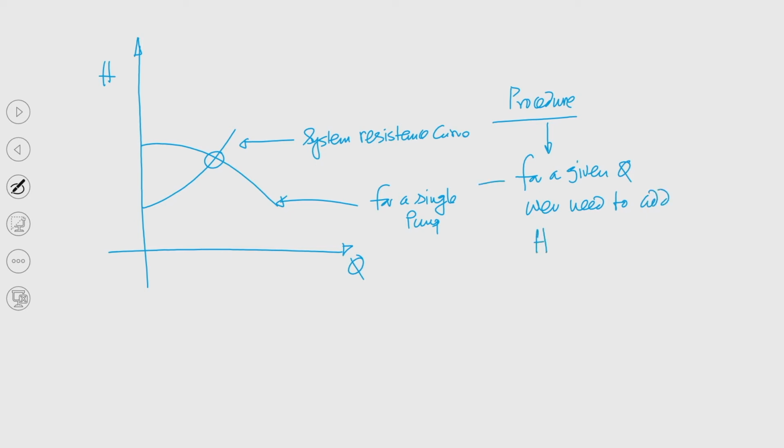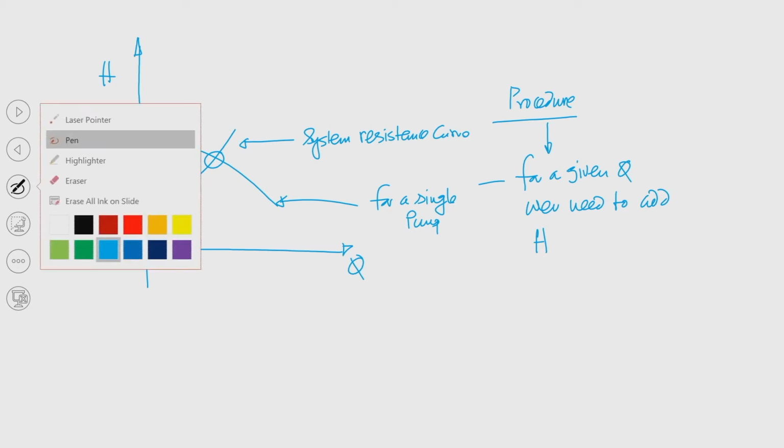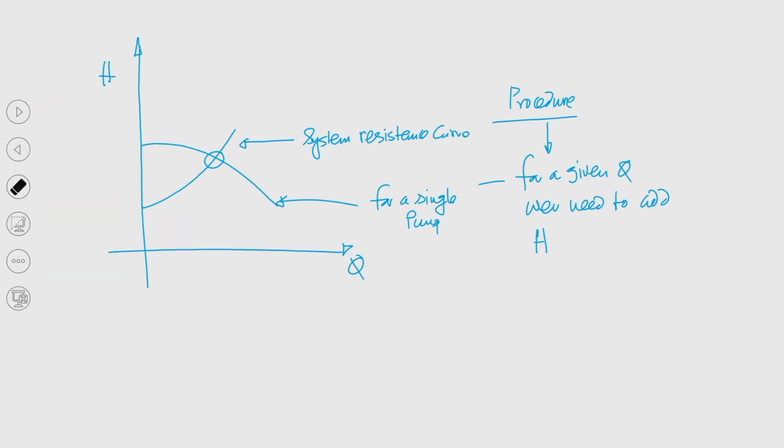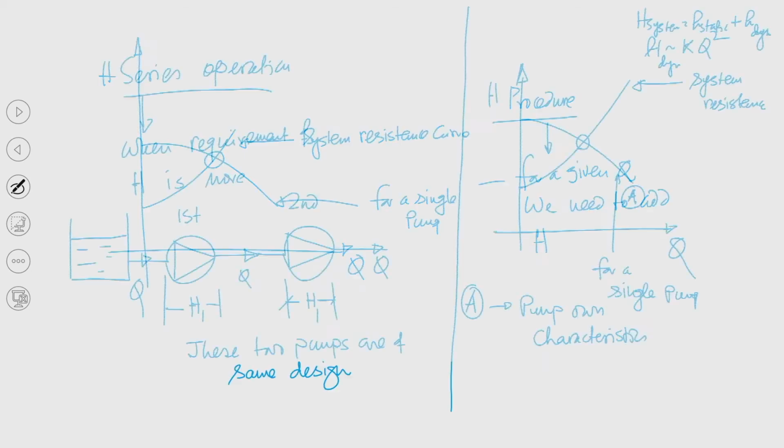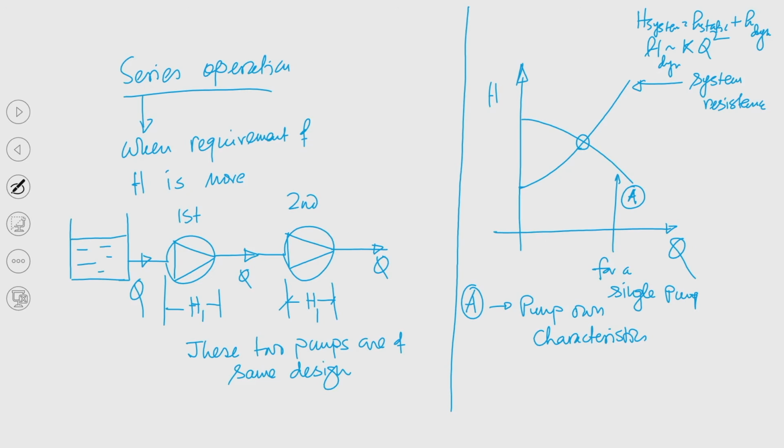So, this is the procedure, that means for a given Q we need to add H. So, basically if we go back to the previous slide, you can understand, Q is remaining the same, but we need to add H1 plus H2.